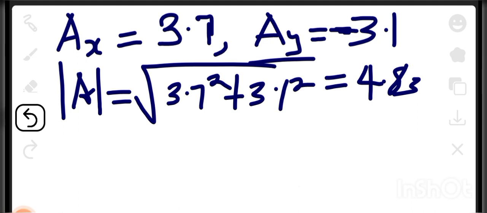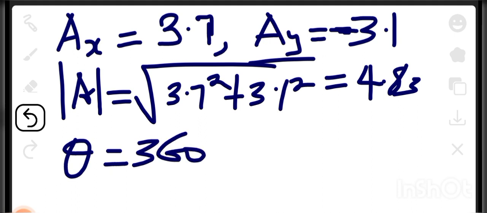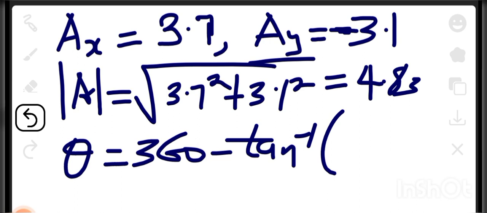Then the last rule, if AX is positive and AY negative, which is what we're having here, theta will be 360 minus the tan inverse of AY, which is 3.1, don't add the sign, over 3.7.